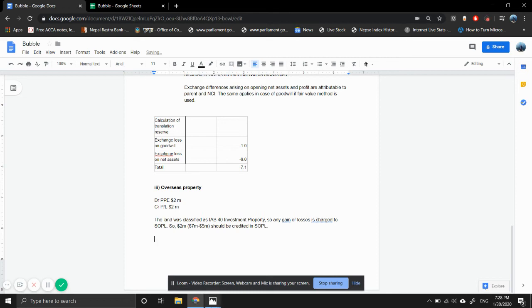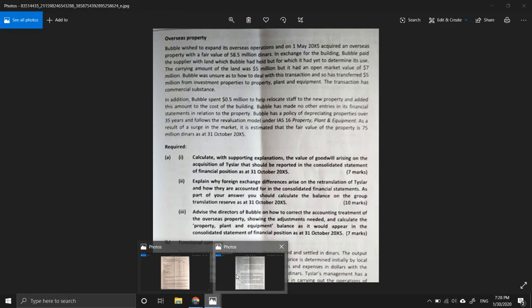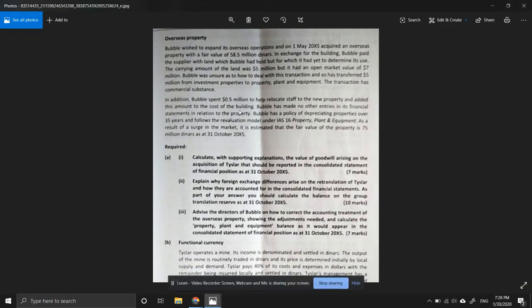Then after that, what has happened is that in addition, Bubble spent 0.5 million to help relocate and added the amount to the cost of the building.